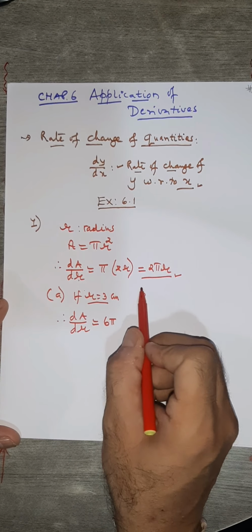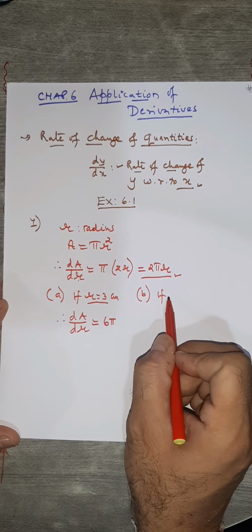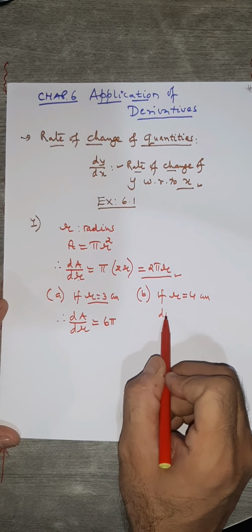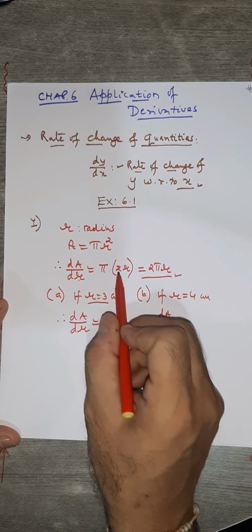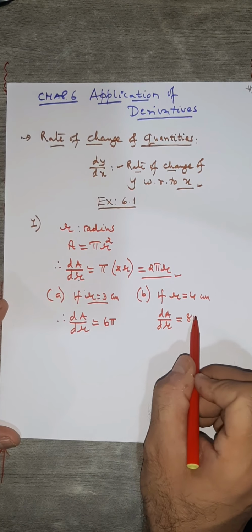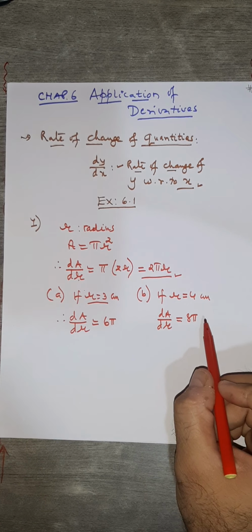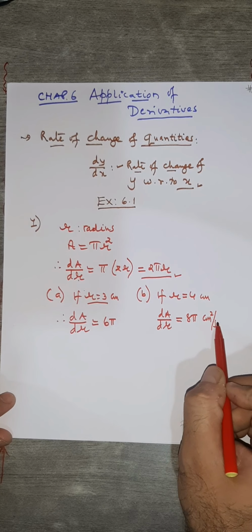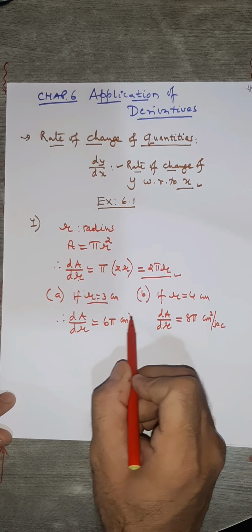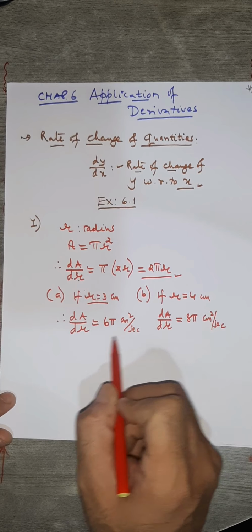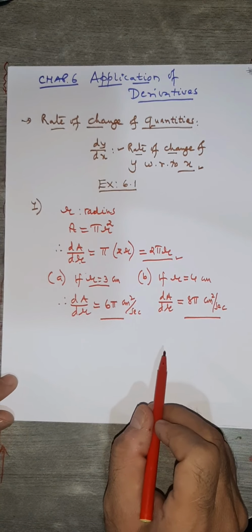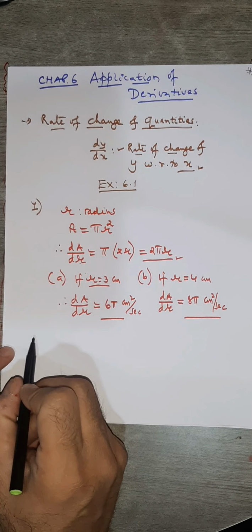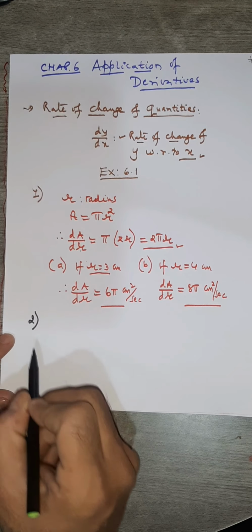A second sub question similarly: if r equals 4 centimeter, then the change in the area with respect to radius will be 8 pi. If you want, you can write the units also here, centimeter square per second. Here also area, so centimeter square per second, right? So as I told you, these are just simple derivatives. Let's see the second question.